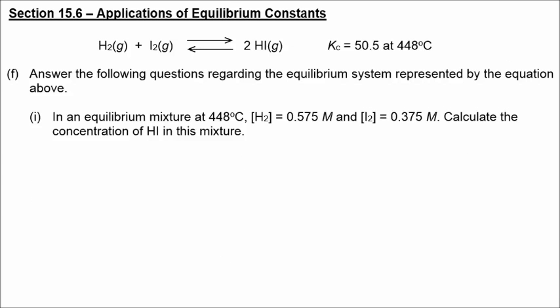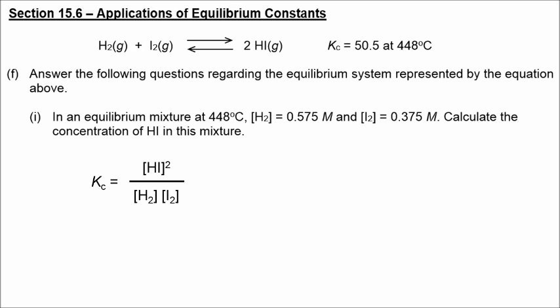All right, in this example, we have the equilibrium situation between hydrogen, iodine, and hydrogen iodide. In equilibrium, we know the concentration of hydrogen is 0.575 moles per liter. The concentration of iodine is 0.375 moles per liter.